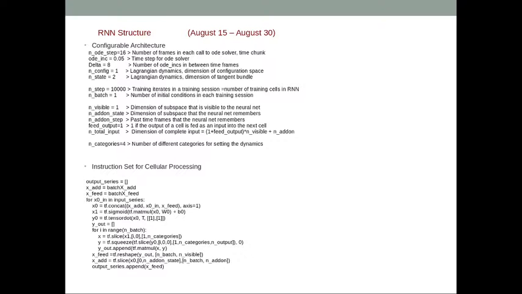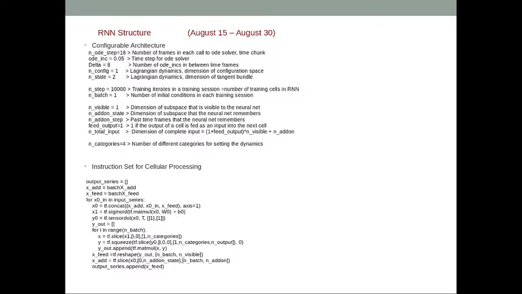We usually set that the same as n visible, so in the case of the pendulum, it will remember angles from the past. And then n add-on step is the number of time frames that the neural net remembers. So it will look into its past for a number of steps given by n add-on step.